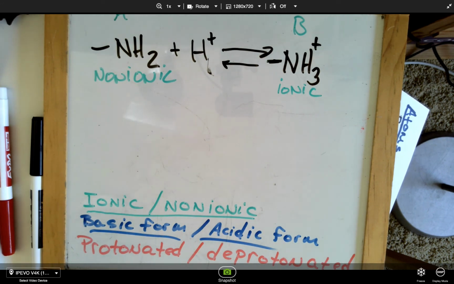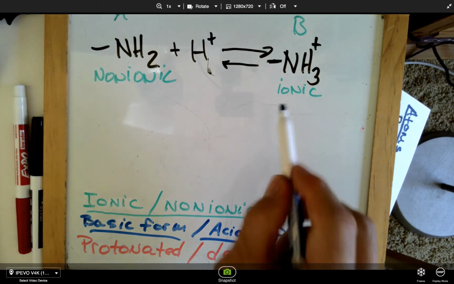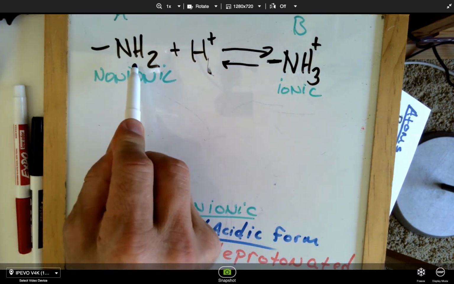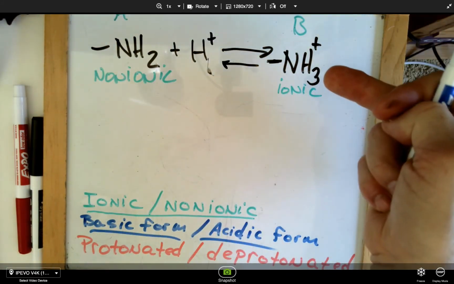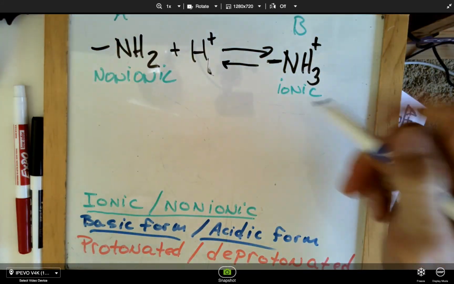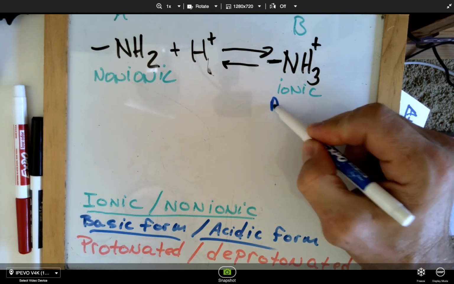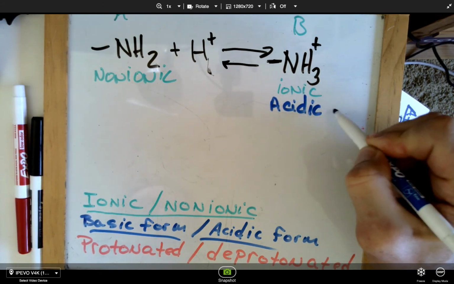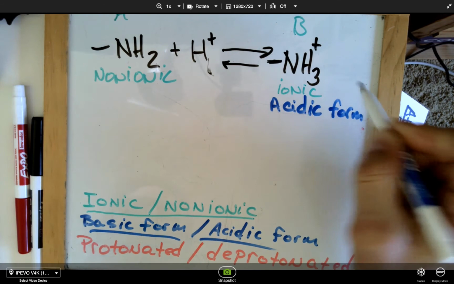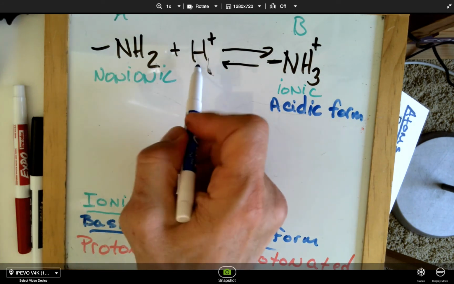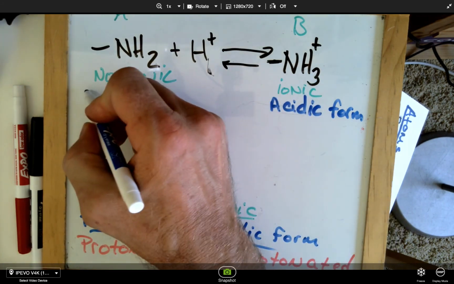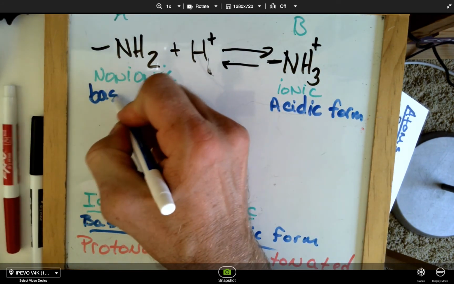It can donate a proton. Well, if we look in this direction here, NH3 plus going to NH2 plus an H plus, that's where we donated the proton. So this then is the acidic form, and this, the basic form, is the form that can grab onto a proton. So this NH2 can grab onto that proton to become that. So this is the basic form.